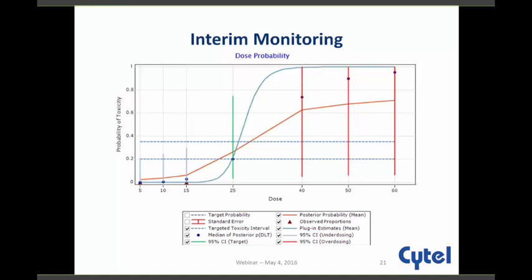This is something that you typically will get both in simulation mode and when you're executing the trial, where you can see live how well your data is tracking the model that you're assuming.